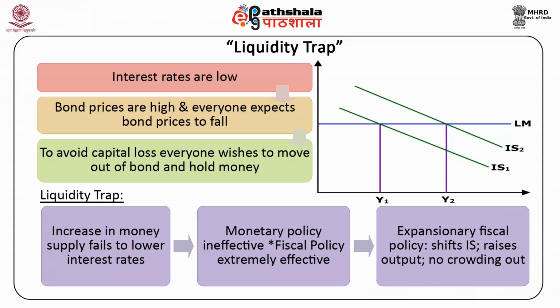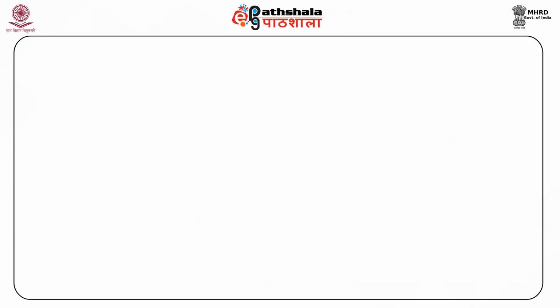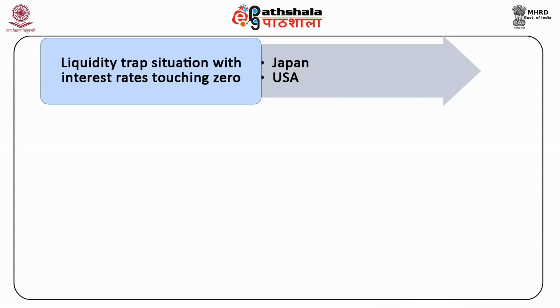Expansionary fiscal policy shifts the IS curve from IS1 to IS2 and raises output from Y1 to Y2, and there is no crowding out as the interest rate does not increase since people do not make portfolio changes. Recently, advanced economies like Japan and USA have experienced a liquidity trap situation with interest rates touching zero.